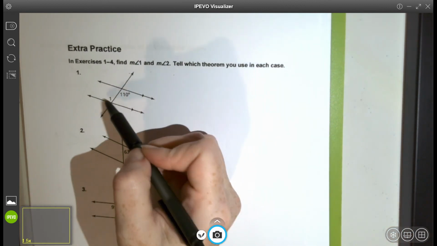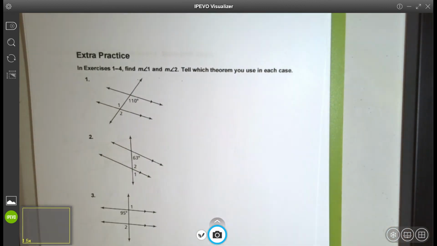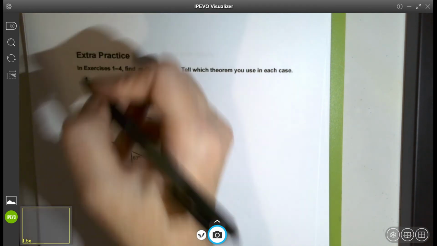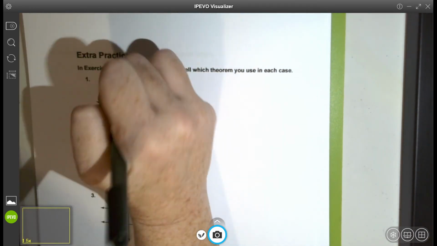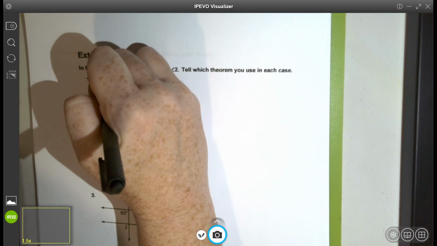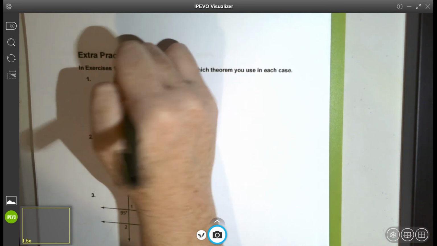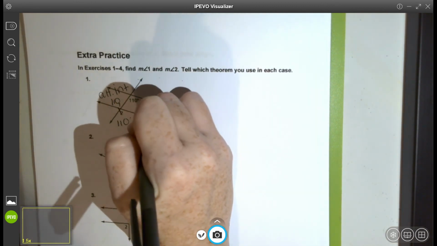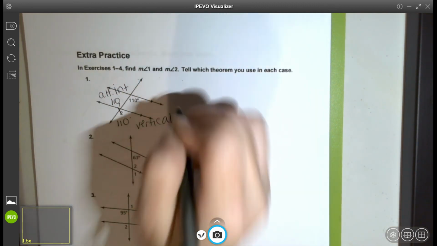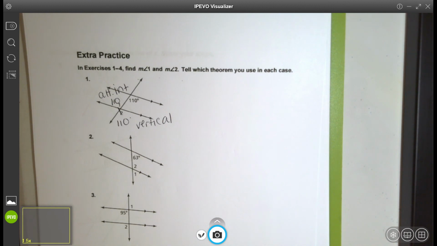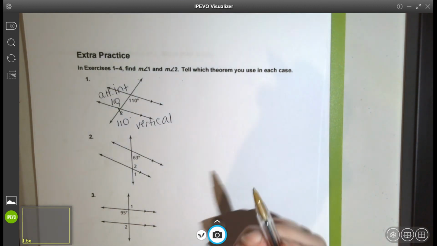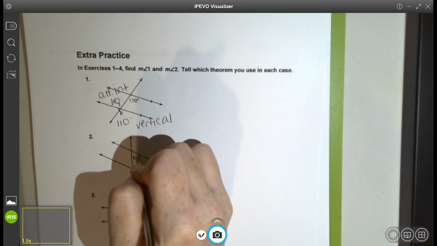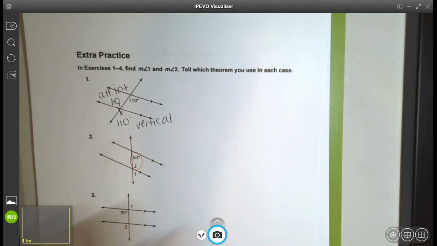All right, so here I would say angle 1 is 110 for alternate interior. And then I could say angle 2 is 110 because of vertical. Again, your numbers should stay the same. Reasons might differ.